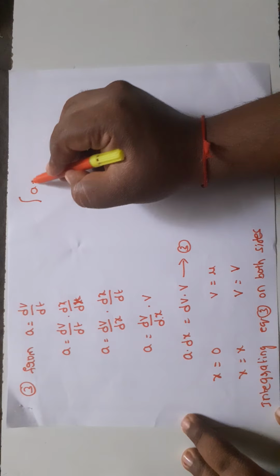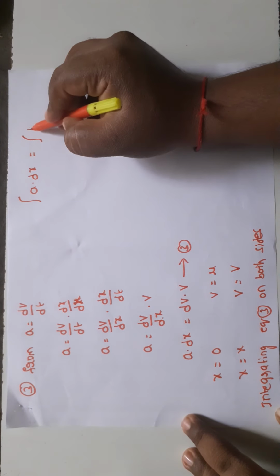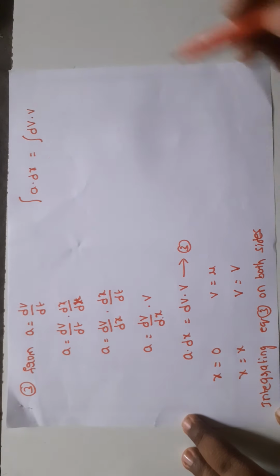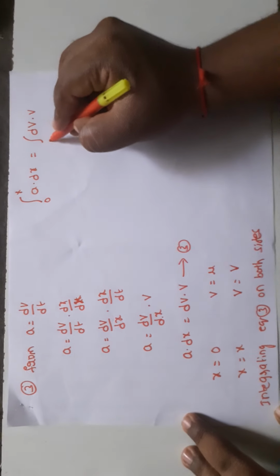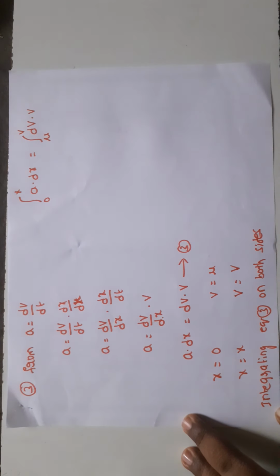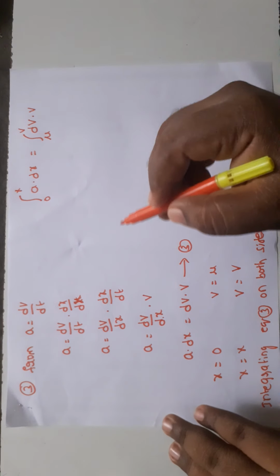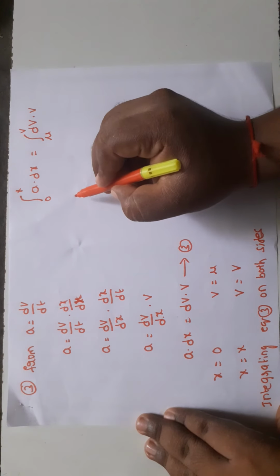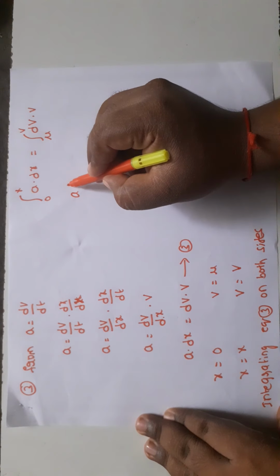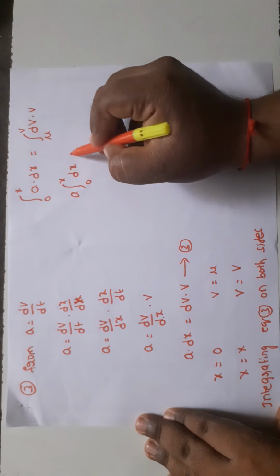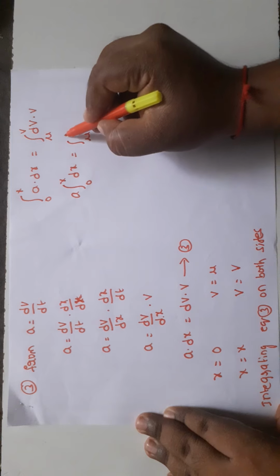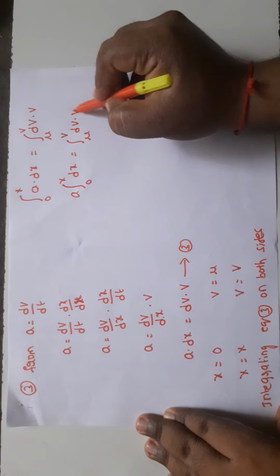Integral a dx equals integral v dv. Here displacement changes from 0 to x, and velocity changes from u to v. Acceleration a is constant, so I am writing it outside of the integration: a times integral from 0 to x of dx equals integral from u to v of v dv.